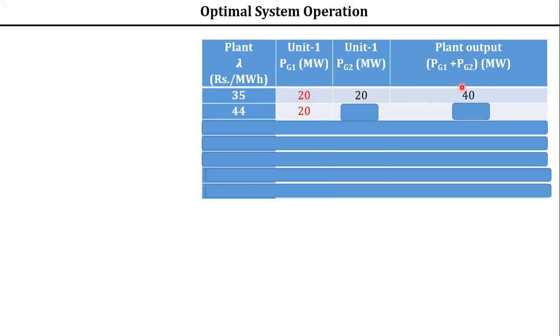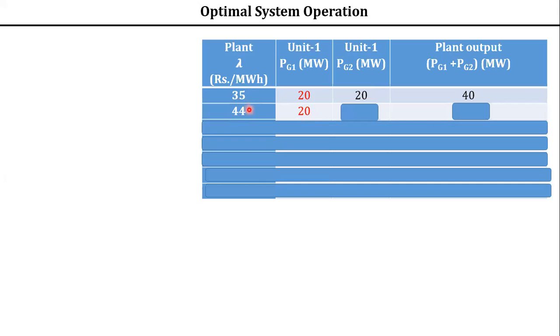So total plant output is 40 megawatt, PG1 plus PG2. Why have I shown this one in red? Because for the next incremental fuel cost, 44, I am not going to put any additional load on this unit. It still remains constant. That's why I've written it in red, for clear indication.